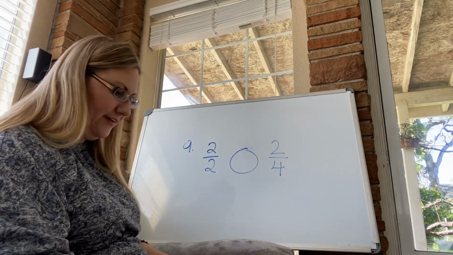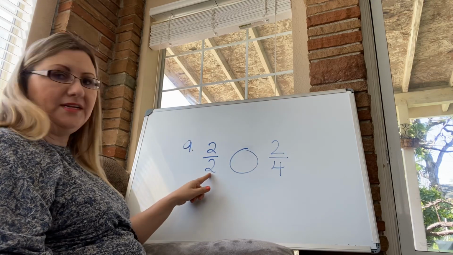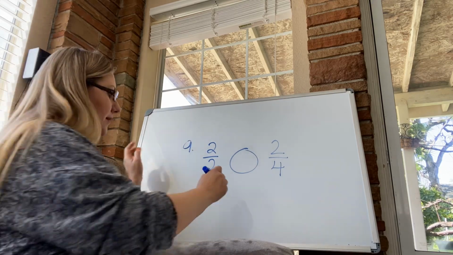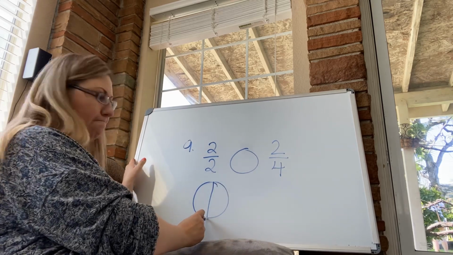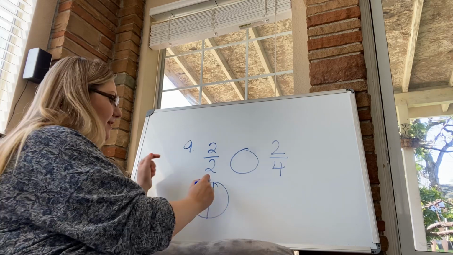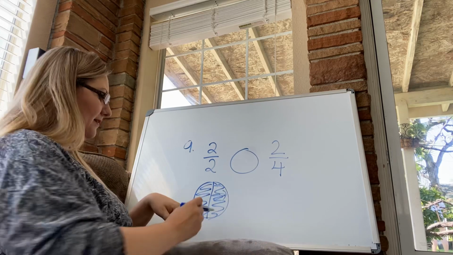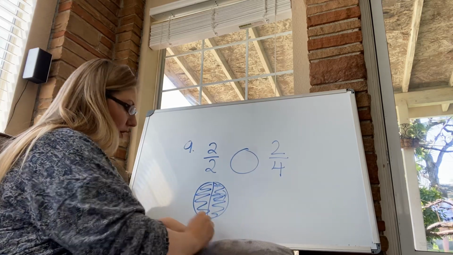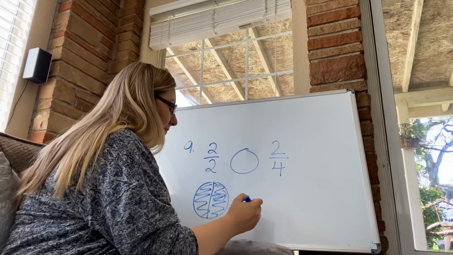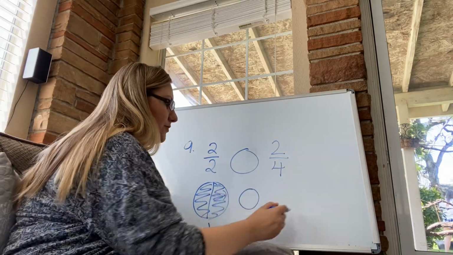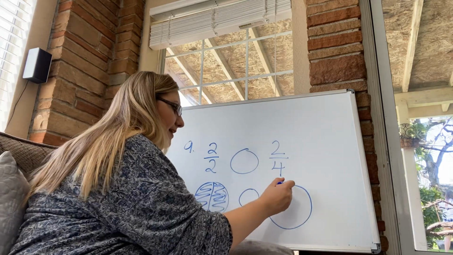Now, if you just think about this for a second, this one means that something is divided into 2 parts, right? Bottom number, 2 equal parts, and 2 of those 2 equal parts are shaded, which is the same thing as one whole thing. On the other side, the comparison, so I'll draw a small circle, you have the same size circle as the one on the left.